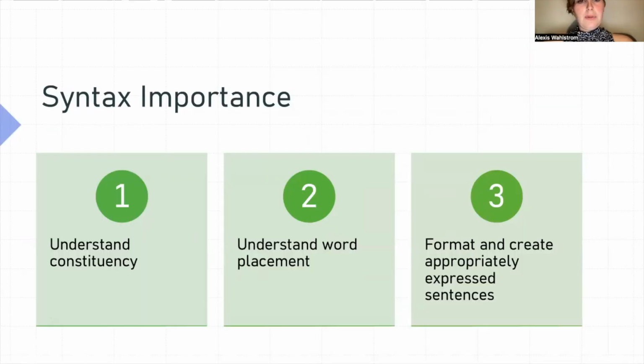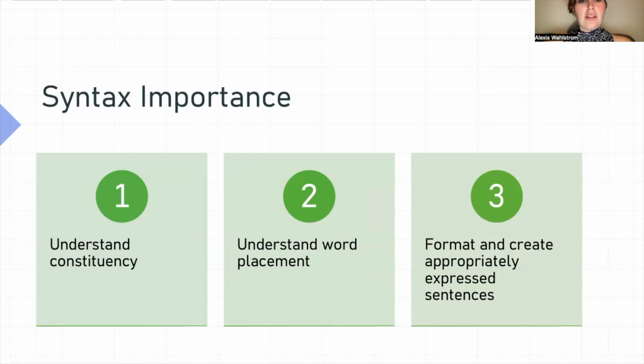When a student is able to understand syntax, they're able to understand continuity. Continuity is when multiple words act as a single unit, such as a sentence in the English language. If you change the placement of a word, it'll often change the meaning of a sentence. Sometimes this can be a minor change, but there is also the chance it could make a significant difference.